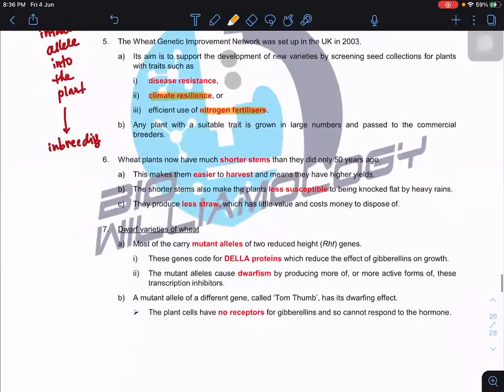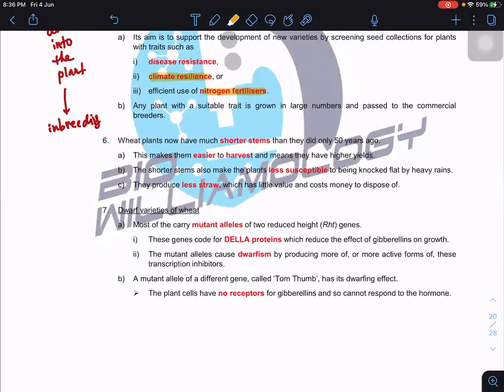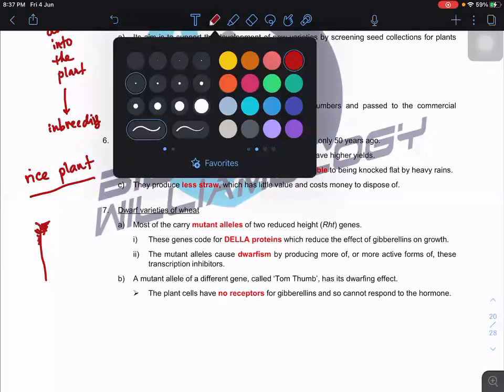Now sometimes if plants grow too tall, it's a problem. Why too tall? Because a tall stem means that they're difficult to harvest. Heavy rains will knock them flat, and they produce more straw, which incurs a cost to dispose of it. When we talk about the rice plant, particularly the rice plant, what we harvest is actually the seed here.